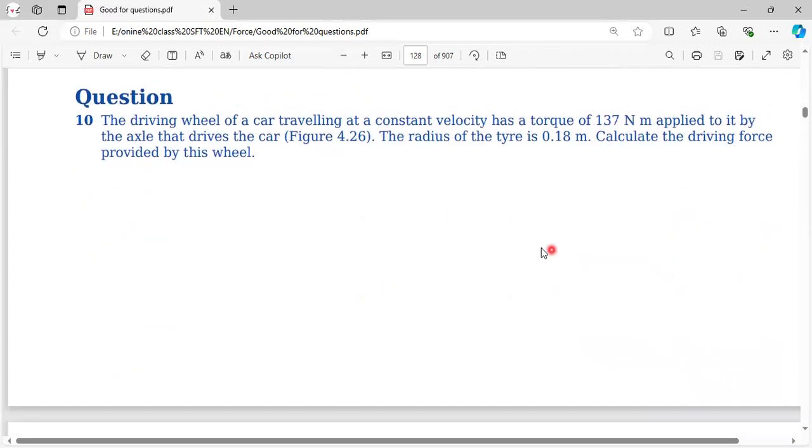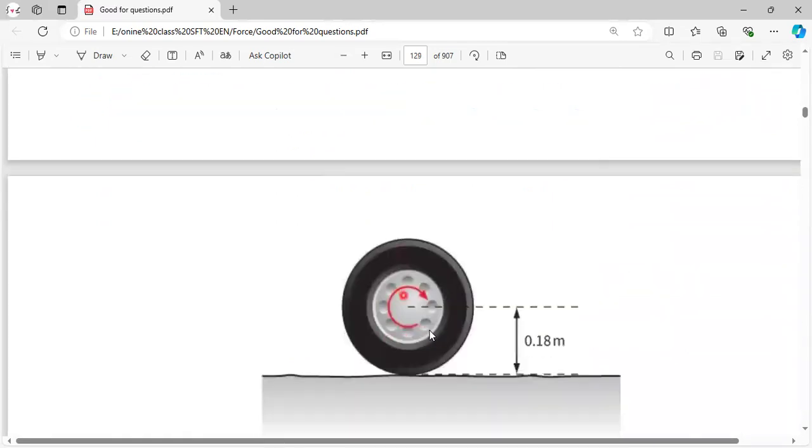Here we have one question we can do. The driving wheel of a car traveling at a constant velocity has a torque of 137 Newton meters applied to it by the axle that drives the car, which means on this side the full moment is 137 Newton meters.